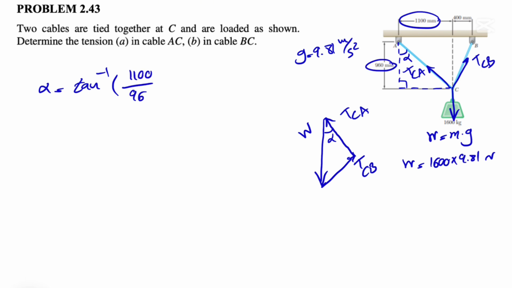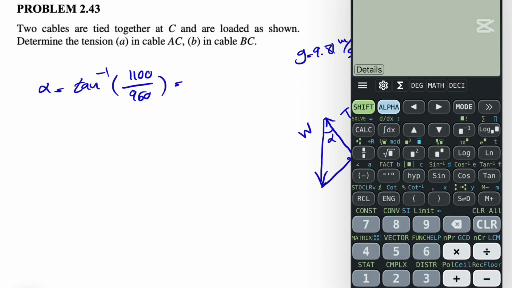So we will have the tangent inverse of 1100 divided by 960. That's going to be 48.89 degrees.